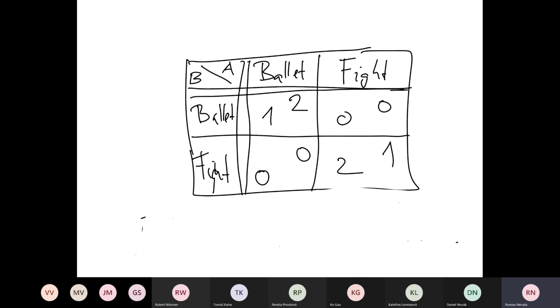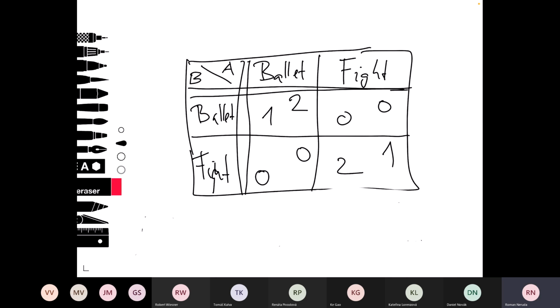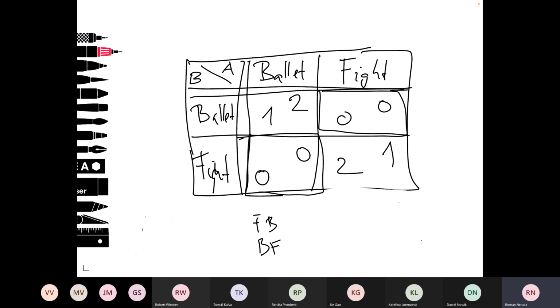So, what to take from the outcomes? If you take a look at it, why does this support coordination? Because every time they choose different versions, the FB and BF are getting 0, 0, so they're both unhappy.